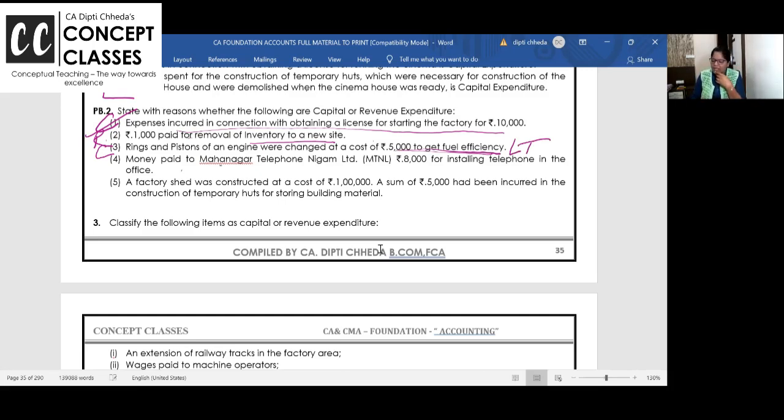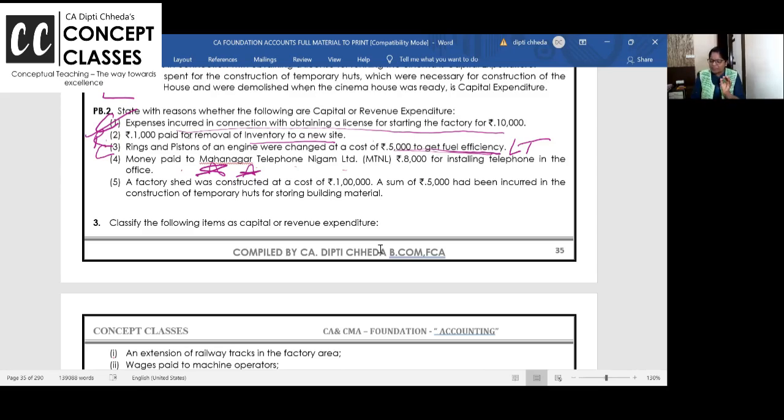Money paid to Mahanagar Telephone Nigam for installing telephone and deposit. This is a googly. इसको star mark करो. Some questions when I say star mark, they are very different and important for exam. And this answer I am waiting for all of you. Chat box थोड़ा तो use करो. CR लिख के भेजो.